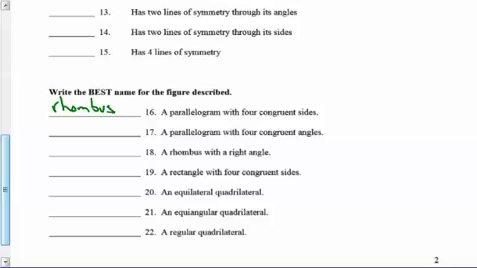Sure, a square has 4 congruent sides as well, but having 4 congruent sides is not enough information to call it a square. The sides have to be congruent and they have to be perpendicular to be a square. So the best you can say is rhombus. So complete these notes, bring it back to class, and then we'll practice this in class.